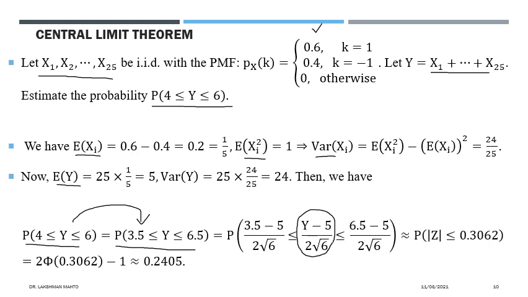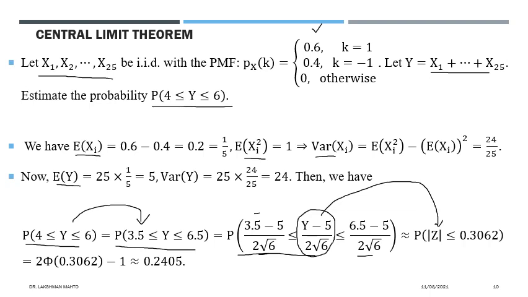In the process, the right hand limit and left hand limit both get modified, and in convergence Z converges in distribution. So the desired probability can be approximated by the probability that a standard normal random variable Z takes a value up to negative 0.3062 and positive 0.3062.